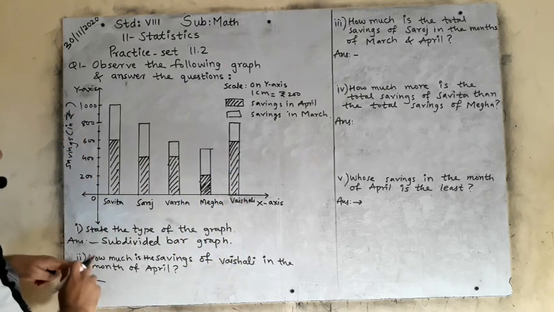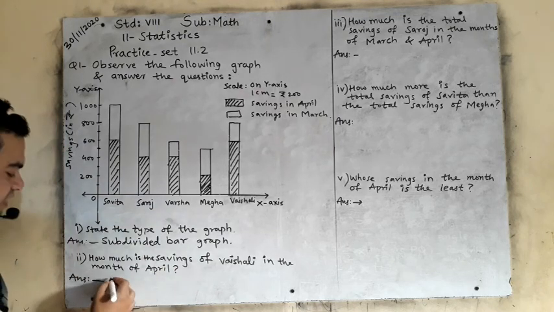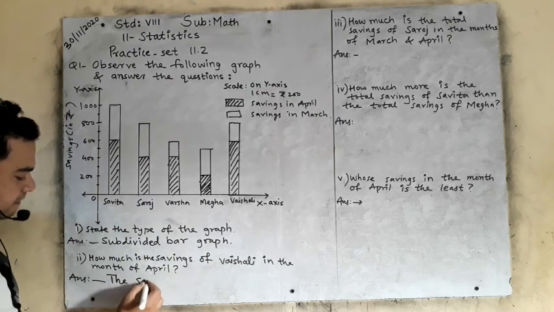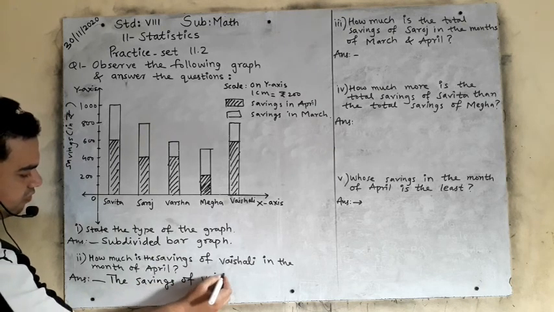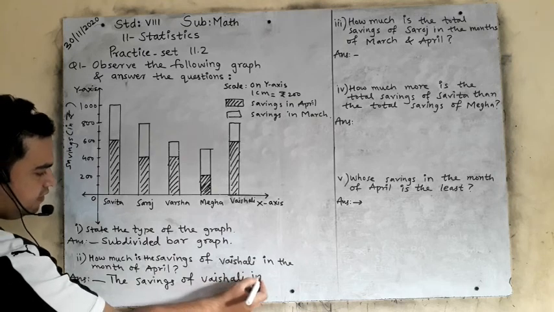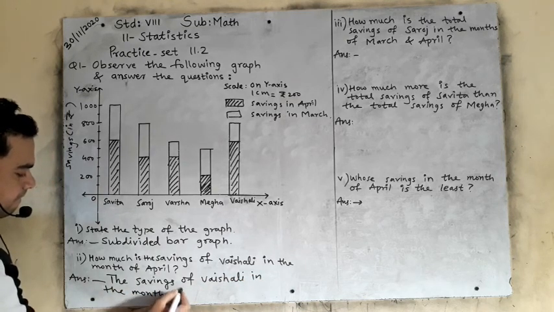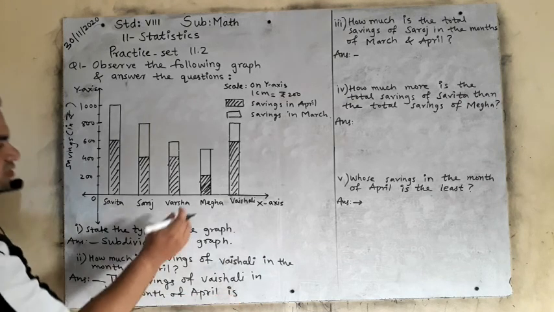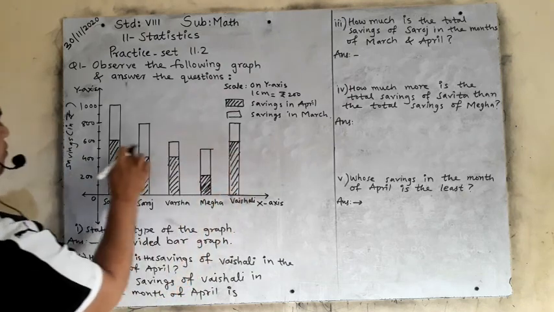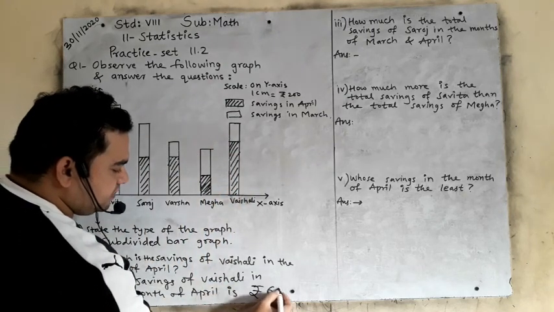So you will write: the savings of Vaishali in the month of April is rupees 600.